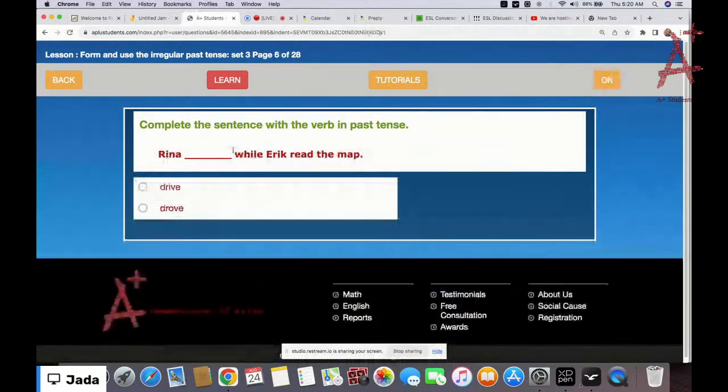Now we have Rina dash while Eric read the map. So is it Rina drive or drove? Drive or drove? Drove.